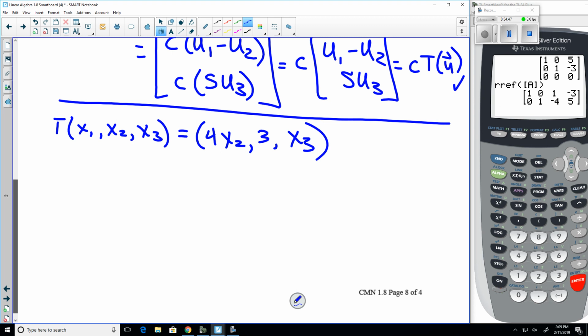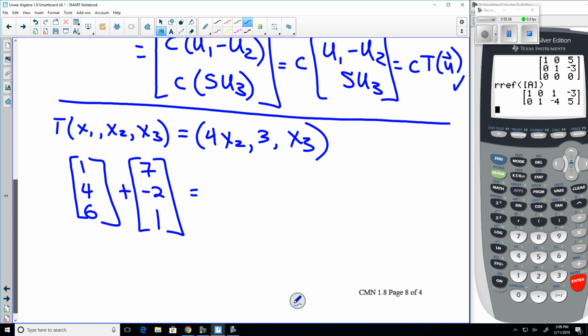So what about if I take this vector plus this vector, and I get 8, 2, and 7, right?